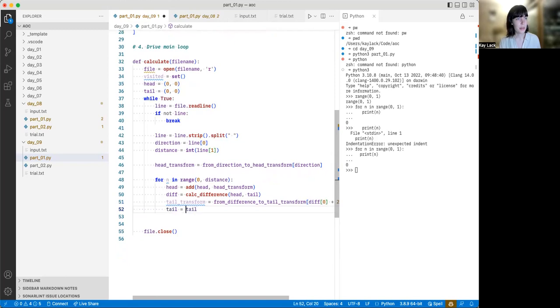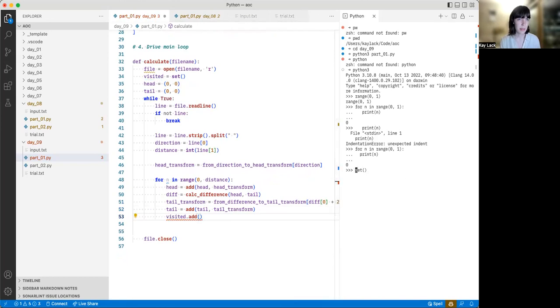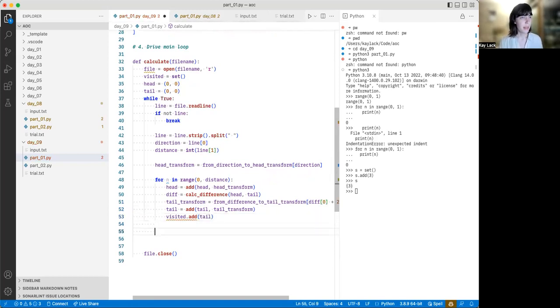Tail equals, is it add? Yes. Okay. Then at the end of this, we should return the length.